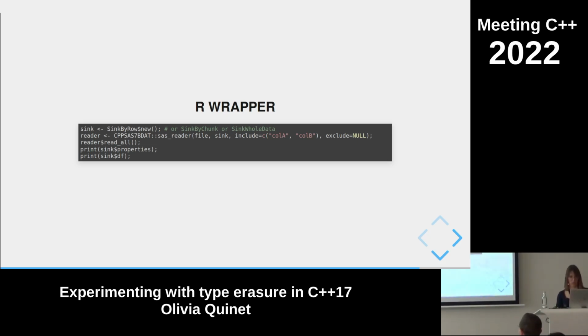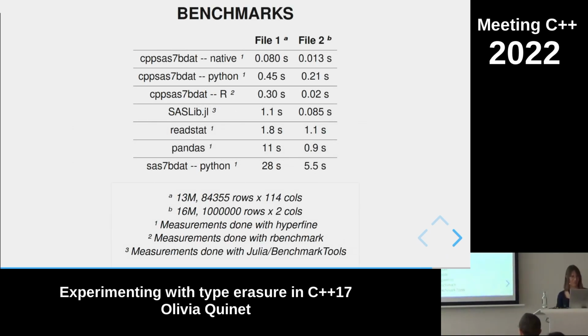And so now I wanted to do some benchmarks. So I took two files that were quite big. In the first file, there were a lot of columns of different types. And the second file had a lot of rows, but only 2 columns. And I did some measurements. The first line is the C++ code, native, how long it takes to read the whole files.